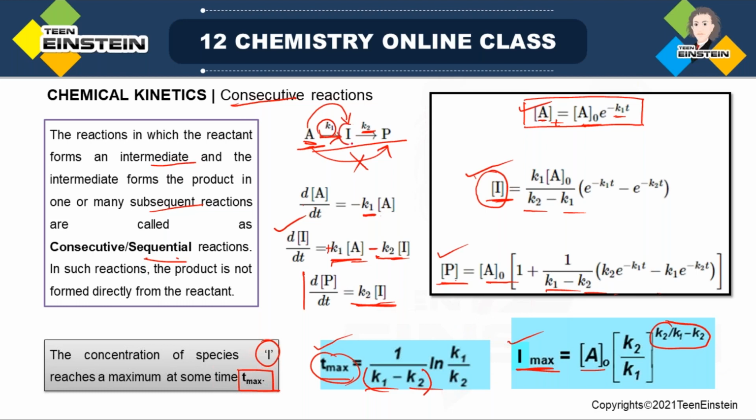Because the intermediate is ultimately not present, when the reaction is complete it will be converted to P, but there will be one moment when its concentration will be maximum, and that moment is Tmax, and the corresponding concentration of I is Imax. Fine.